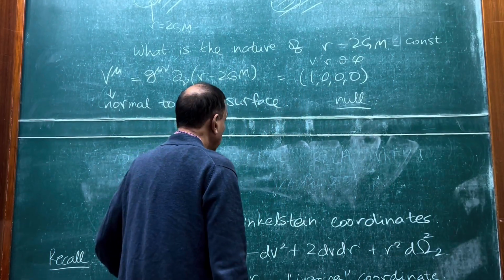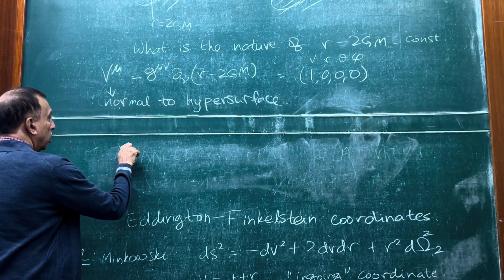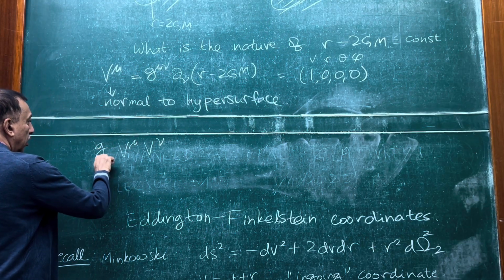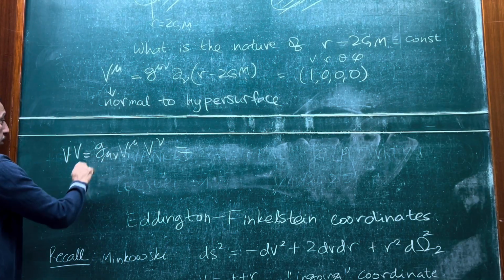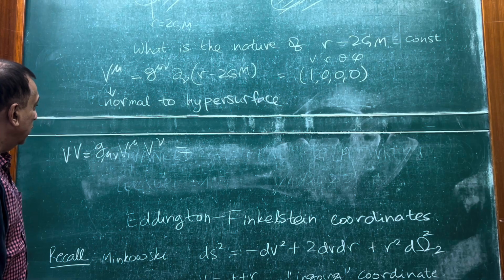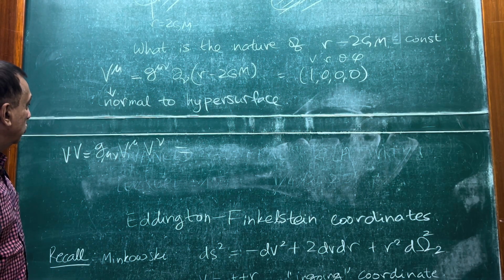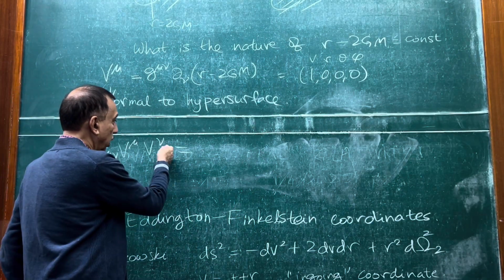Well, actually I said that too fast, sorry. So v^mu is not a null vector everywhere. So v dot v is this. And this vector, if we find this inner product using the Eddington-Finkelstein coordinates, well, we are in those coordinates.